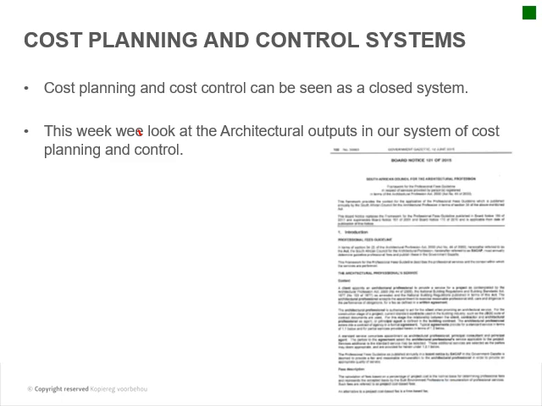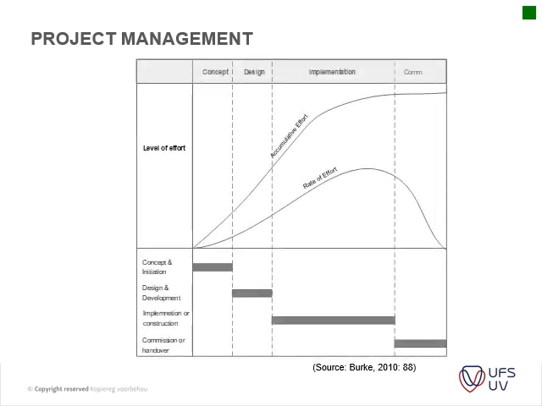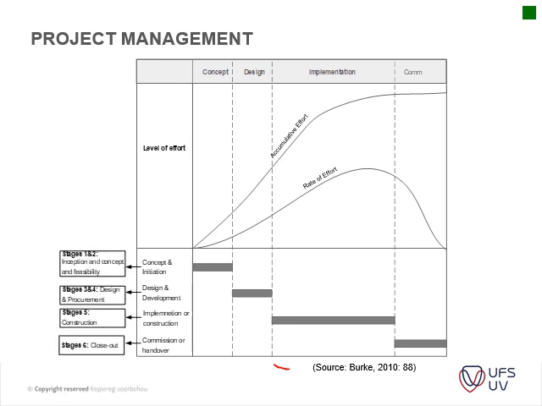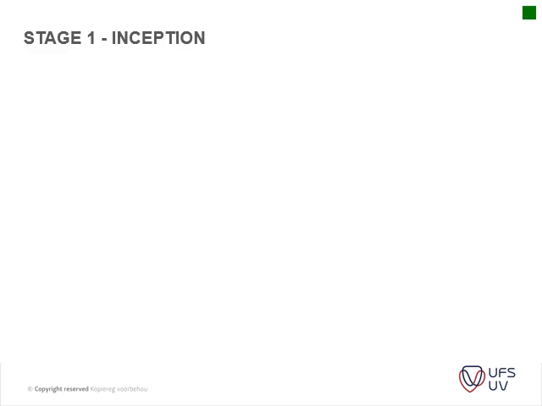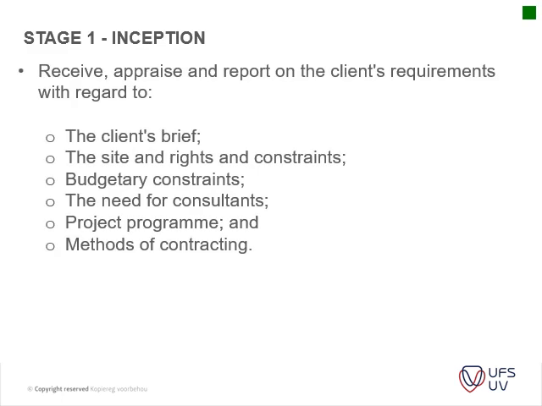Okay, and then we've got our architectural guideline or gazette that I'm just going to run through, which is basically our 6 stages. So remember we've got our general project plan, and we've got our 6 stages up to our closeout, and then each stage has its different outputs from the architectural side, and all of this information influences what the QS can do.